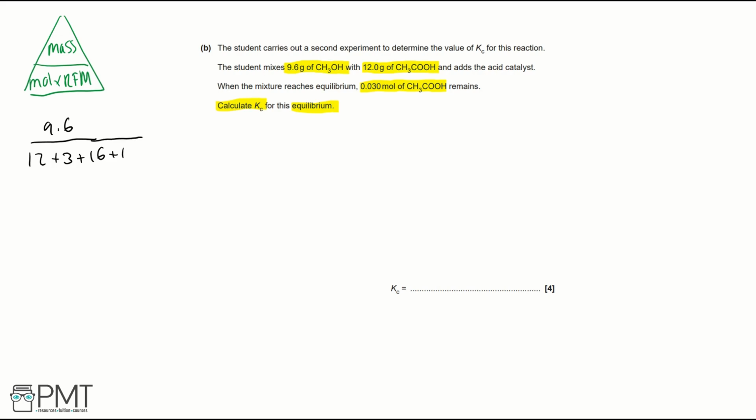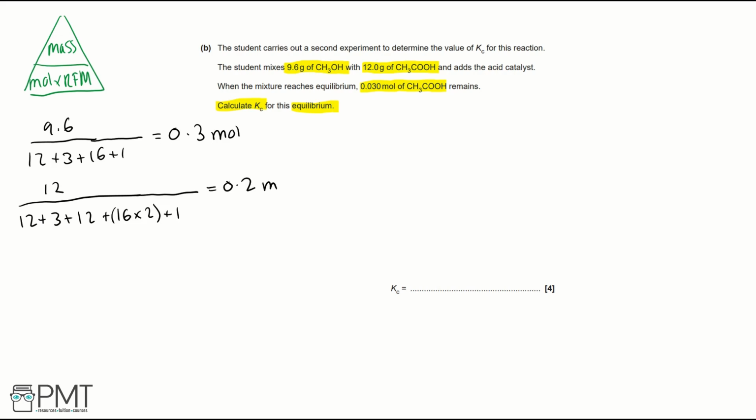And that equals 32, and it's going to equal 0.3 moles when you divide. Then we're going to work out the moles of ethanoic acid, which is 12 divided by 12 plus 3 plus 12 plus 16 times 2 plus 1. So when we divide this, we get 0.2 moles.